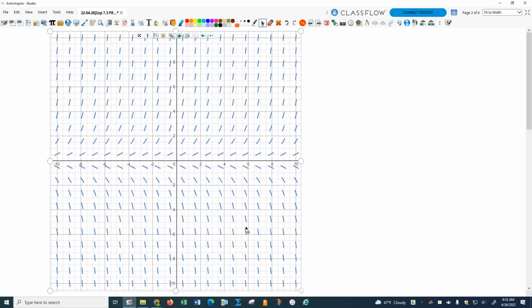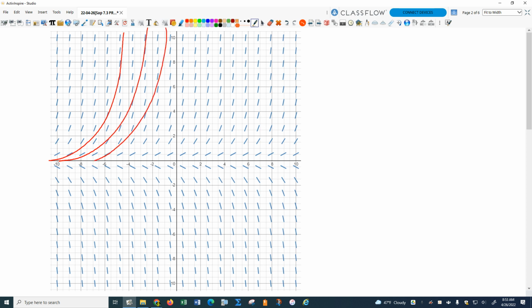There we go. So if I wanted to create a trajectory here, I could just pick a value. It looks like it's doing something like that, right? And then down here it looks like it's doing something like that, right?